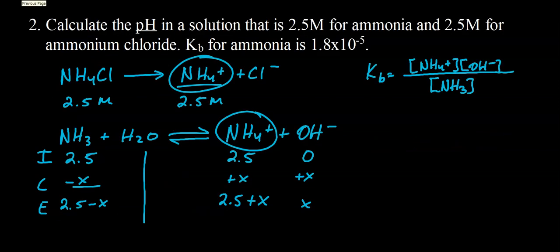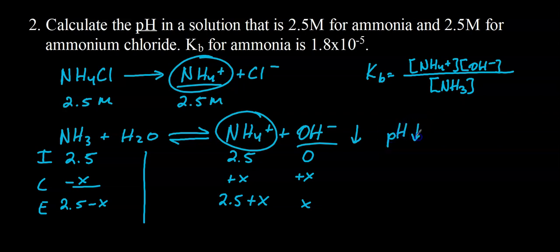So again, let's talk more about why that's the case. If you increase the concentration of NH4 plus, that pushes the equilibrium to the left. What happens to the concentration of hydroxide when this happens? Well, the concentration of hydroxide decreases. And when the concentration of hydroxide decreases, what effect does that have on the pH?